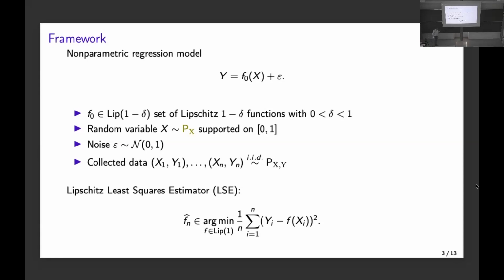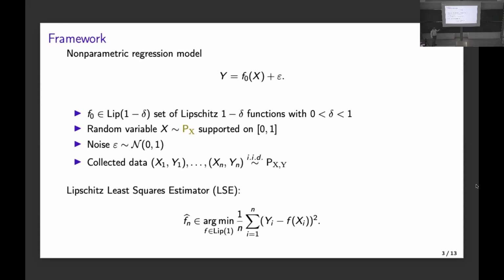What happens is that we sample some data from this phenomenon, and we obtain (x1, y1) until (xn, yn) that are distributed according to the source distribution. Now the objective would be to reconstruct the function f0, and there are many ways to do that, but maybe the most used and the oldest one would be the least squares estimator.